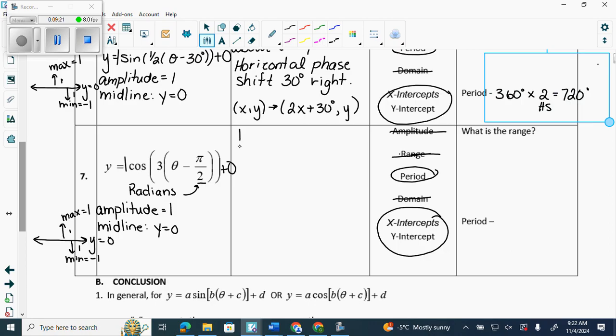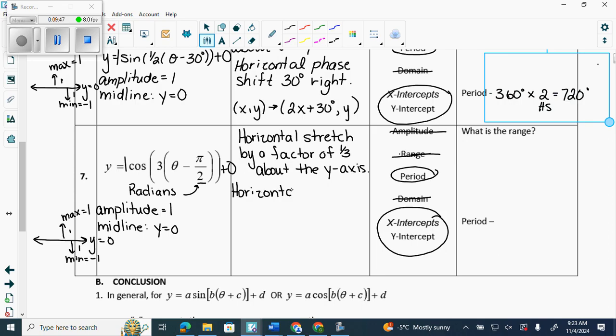So I have a horizontal stretch by a factor of 1/3 about the y-axis, and a horizontal translation, which I call phase shift, pi over 2 radians, if I so choose.